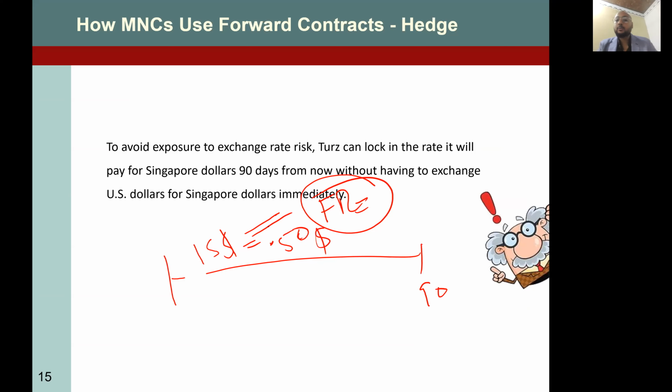And after 90 days, whatever is in the market, 0.47 or 0.60, 0.65 or 0.40, I don't have to be concerned about this. I am buying from the Singaporean firm for 90 days, and my job is to convert my raw material into finished goods and send it to me. I have no concern with the currency market.